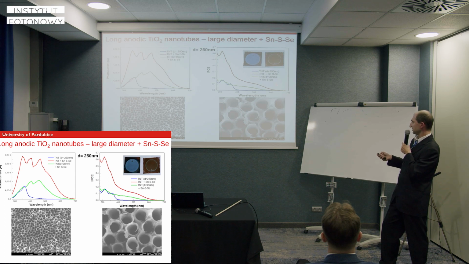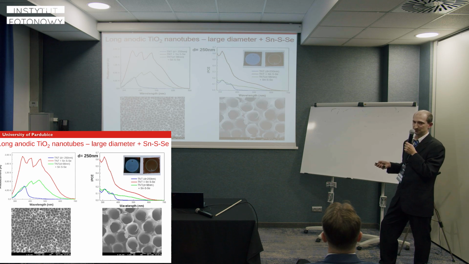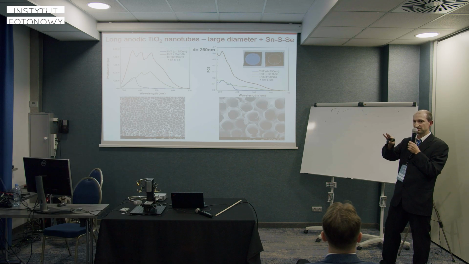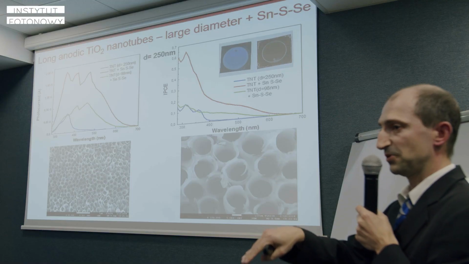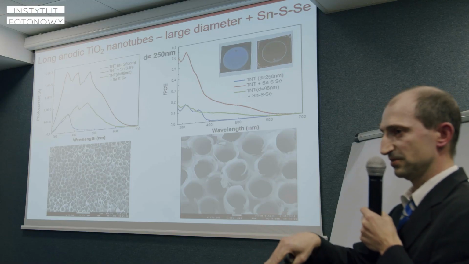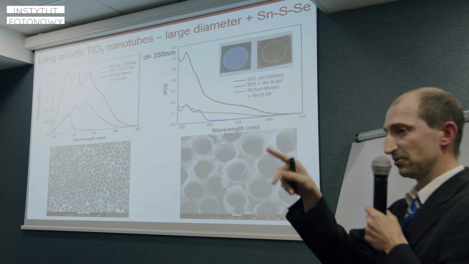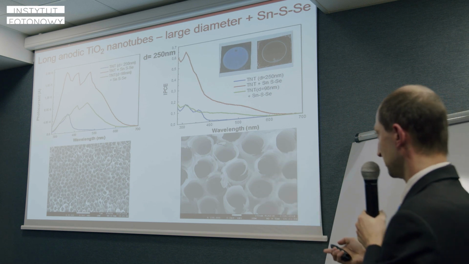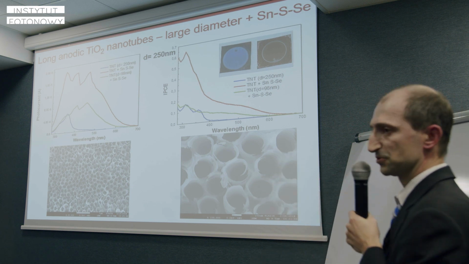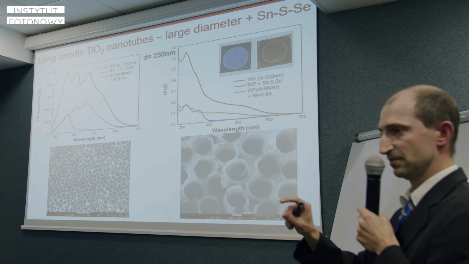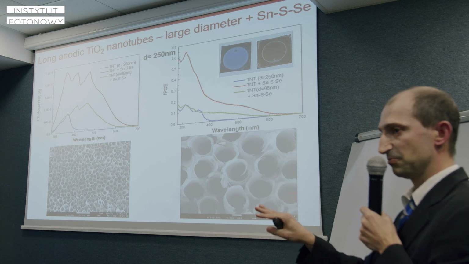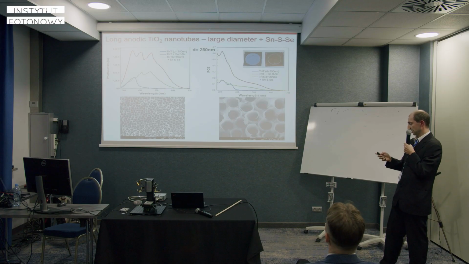And also here you can see that even if the structure is quite dark, we don't see any material on the top. So that means that the material penetrated into the tubes. I mean, not inside, but on the walls. We don't see any material on the top in the SEM, because when we did it on short tubes with small diameter, there was only a compact layer. Okay.